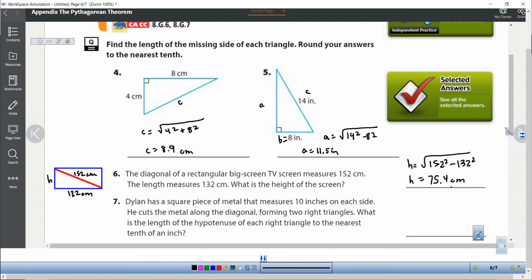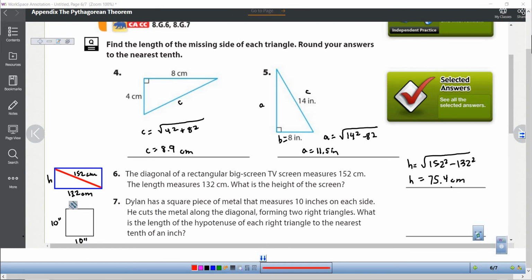Okay. Dylan has a square piece of metal that measures 10 inches on each side. What is the length of the hypotenuse? Okay, so now this time we actually do want a square. So here is my square. And on my square, again, I have 10 inches and 10 inches.